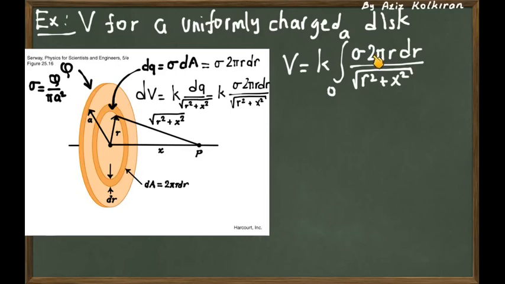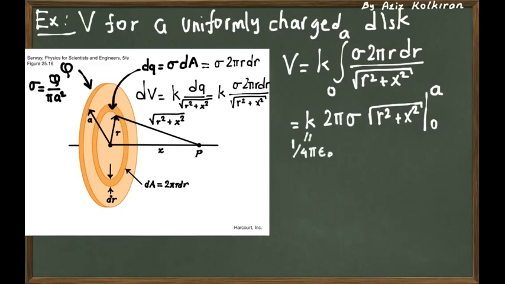So we got this expression, and we can take the constants outside, and the result is k times 2 pi sigma, and the square root of r squared plus x squared is to be evaluated at r equal to a and 0. And you can replace k by 1 divided by 4 pi epsilon 0.